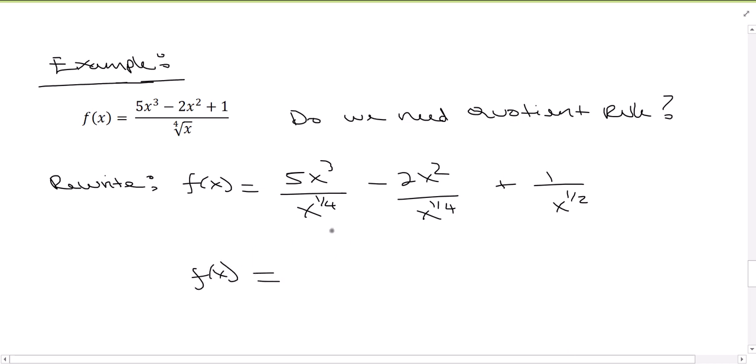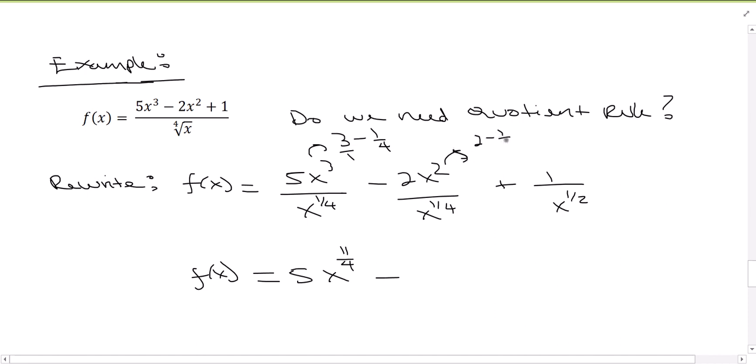So here I'm going to simplify. So 3 and 1/4 was the common denominator. So you want to do 3 minus 1/4. So the common denominator will be 4. So 12 minus 1, so it will be 5x to the 11/4 minus, same thing here, we're dividing the same bases, so when you divide the same bases, you subtract the exponents.